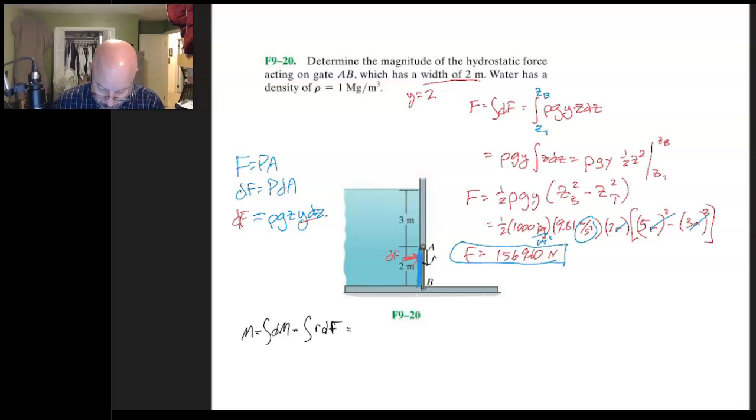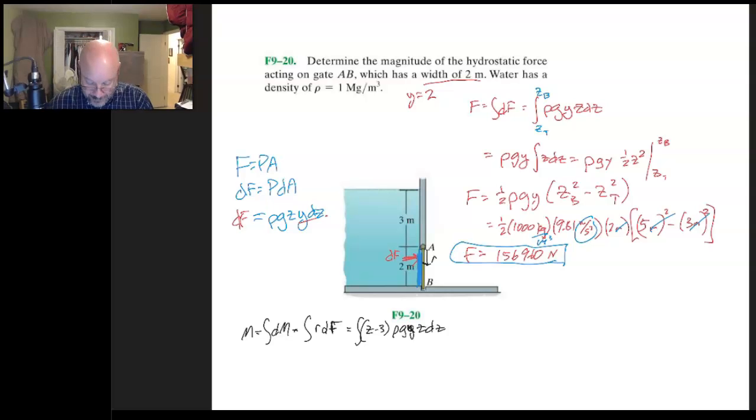Now my r is a function of z. But I'm starting at 3, and so my r is actually going to be z minus 3. And my dF is this rho g y z dz that we've had before.